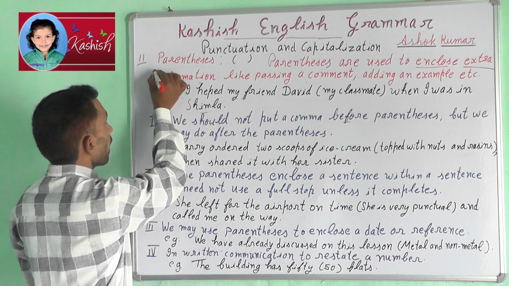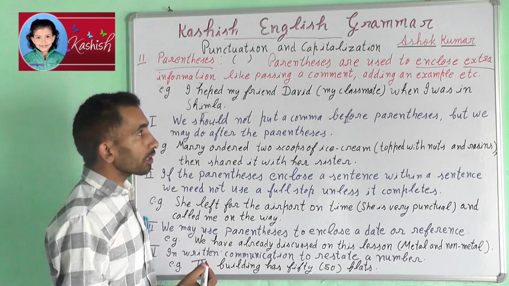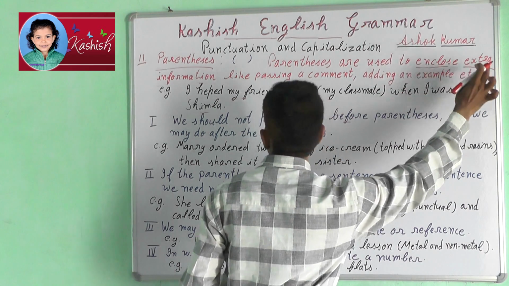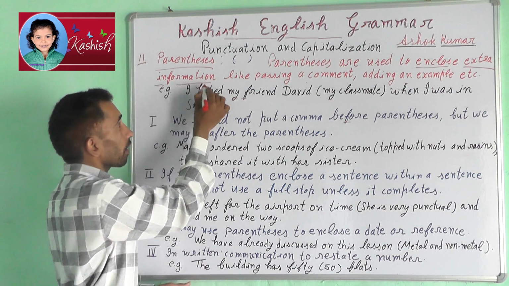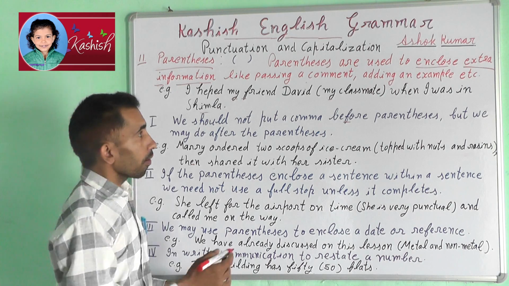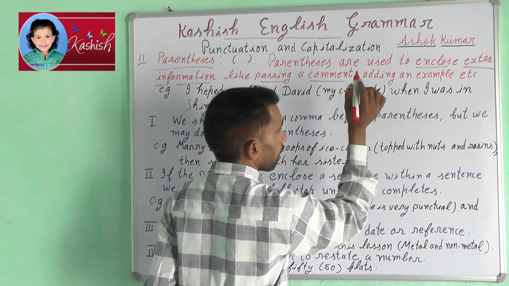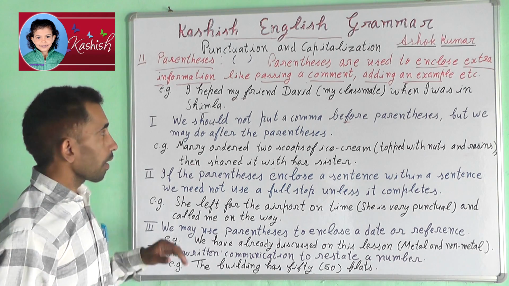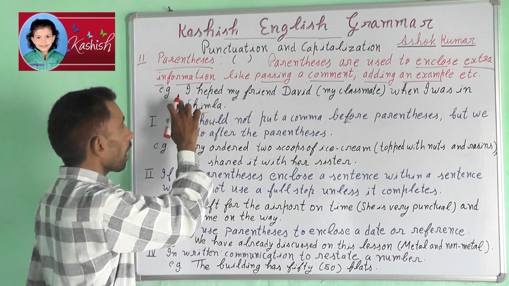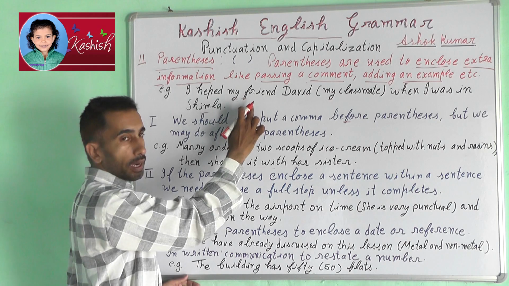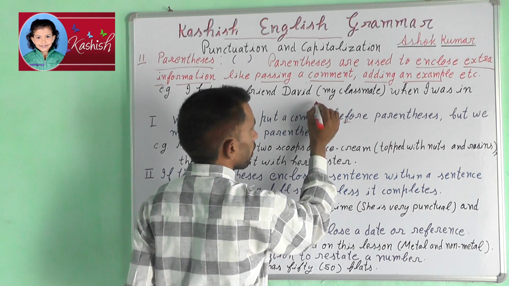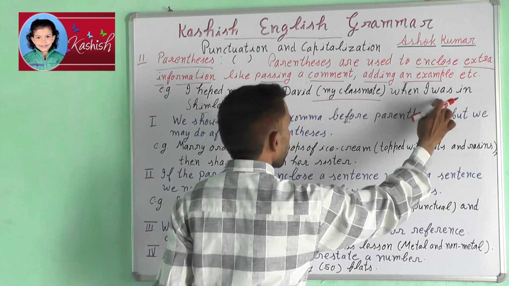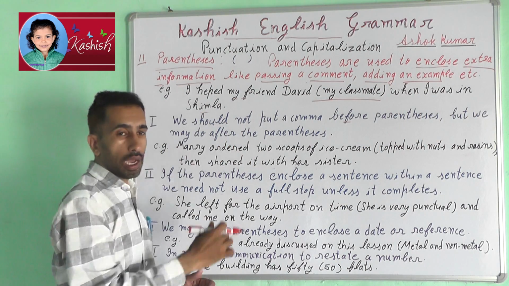Eleventh, parentheses. Parentheses are used to enclose extra information like passing a comment, adding an example, etc. For example, I helped my friend David (my classmate) when I was in Simla.